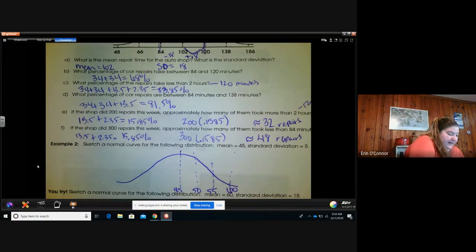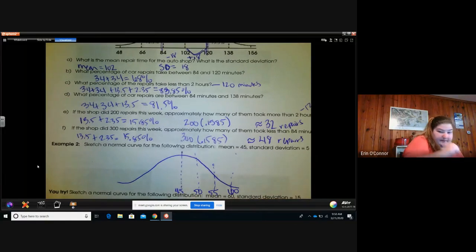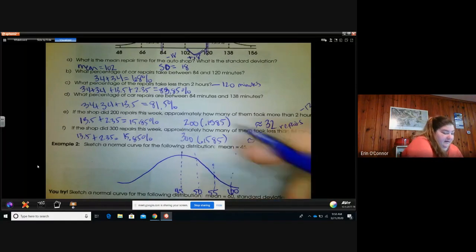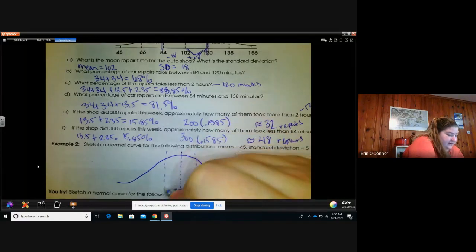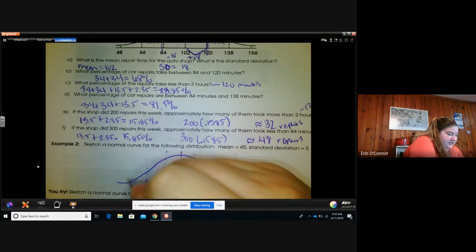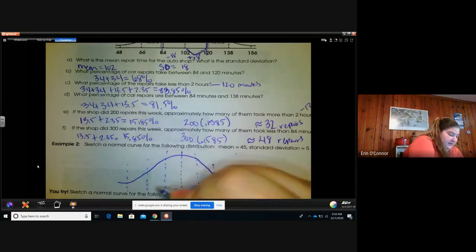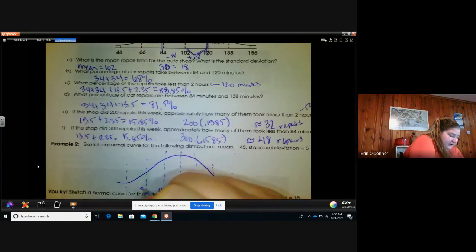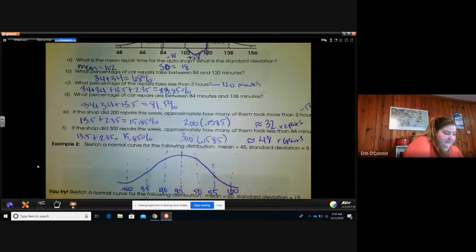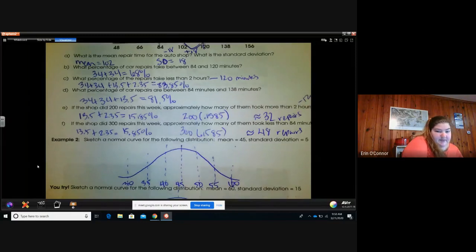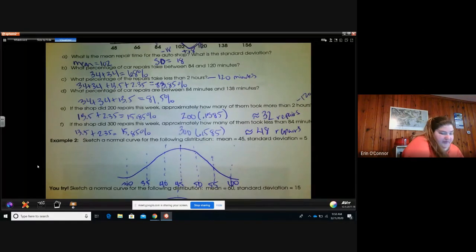And then going back the other way, you have 1 standard deviation away, 2 standard deviations away, 3 standard deviations away, but we're subtracting this time. So it's 40, 35, 30. So make sure that you understand how we got those numbers. We added the standard deviation to go to the right. We subtracted to go to the left.